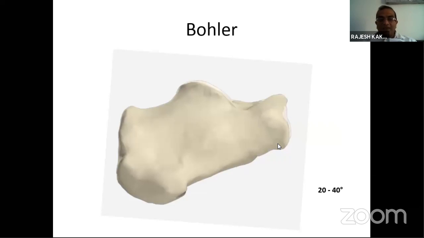Now, a few angles that you will definitely be asked about if you get a case of calcaneal fracture in the exam. First is Bohler's angle, which is created by the line joining the superior aspect of the posterior calcaneal process and the superior aspect of the posterior facet of the subtalar joint, and then the line joining between the anterior process of the calcaneum and the posterior facet.